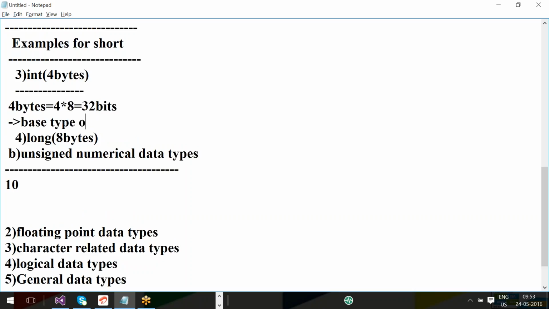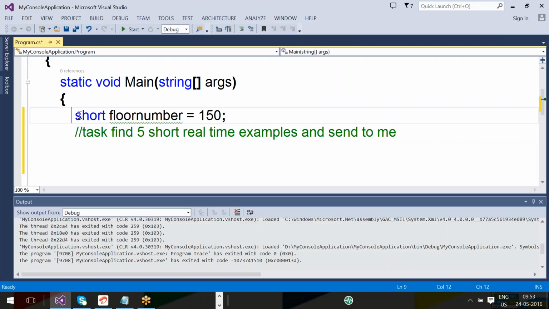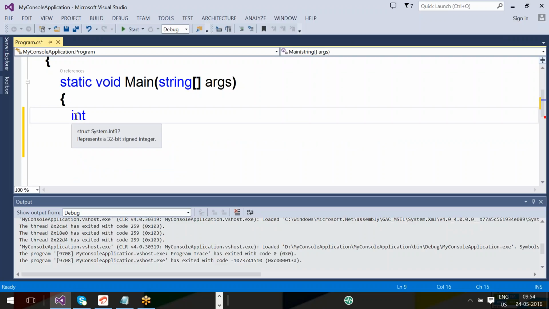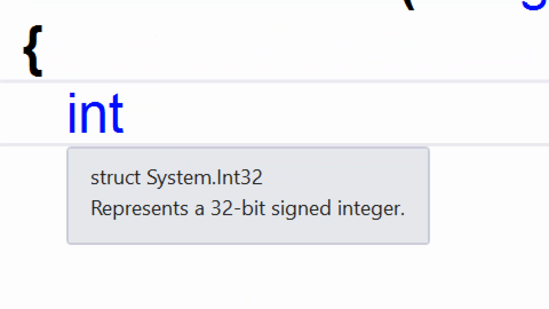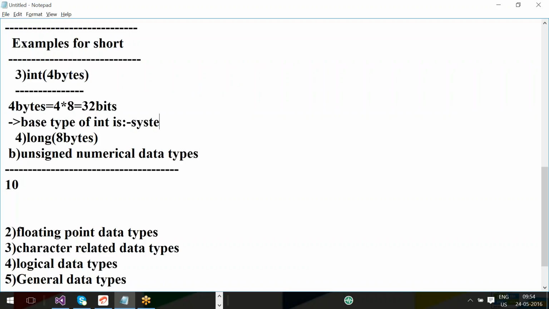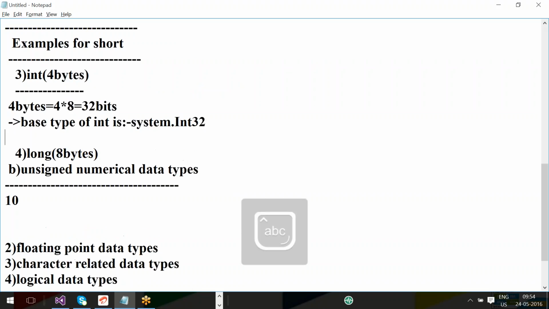The base type of int is System.Int32. Why has the name been given like this? Because int's predefined size is 4 bytes, 4 into 8, 32 bits. That's the reason they have given the name like that.